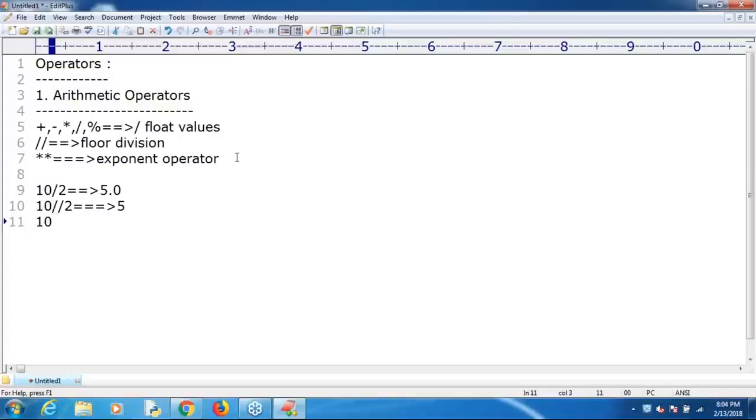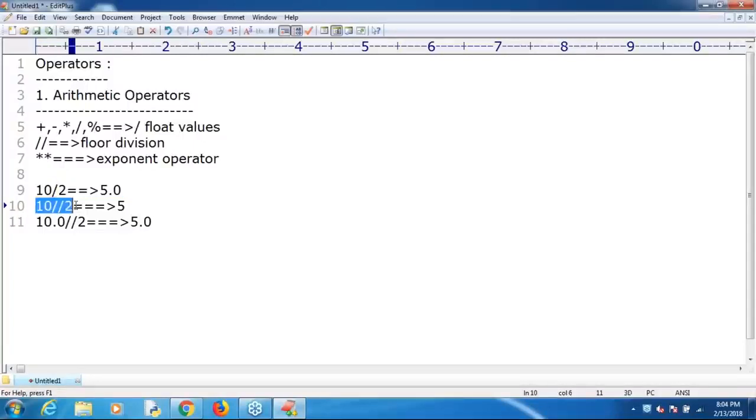Here I'm taking 10 by 2 with the division operator. Can you spell out what is the answer by default we are going to get? 5.0 by default. Observe the difference, right? This division operator always provides a float value only. But floor division can provide either a float value or an int value based on the arguments.